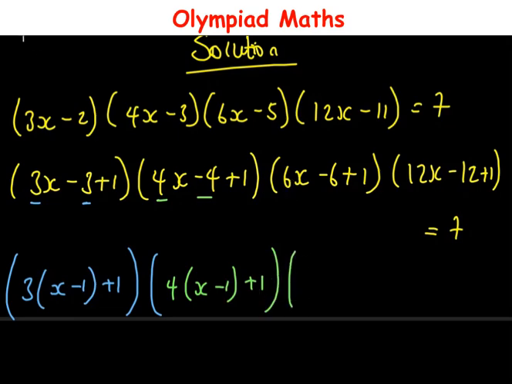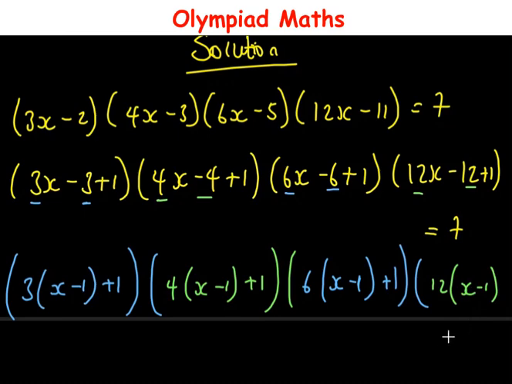Then here also we have a common factor, which is 4. Factorize out 4, and we have 4 times (x - 1) plus 1. Then the common factor 6: factorize out 6 into bracket (x - 1) plus 1. Here also we have a common factor, which is 12. Factorize out 12 into bracket (x - 1) plus 1. All of this is equal to 7.